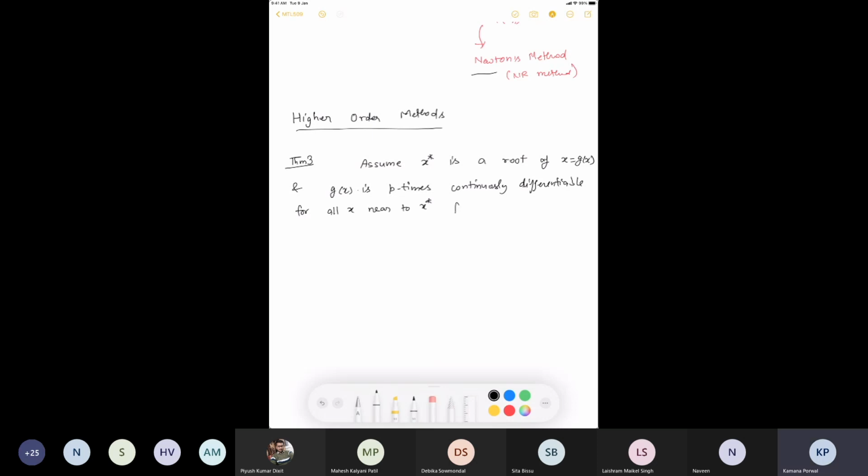And P here is, let me write the range of the P also, P times differentiable, and I'm taking P greater than or equal to 2.